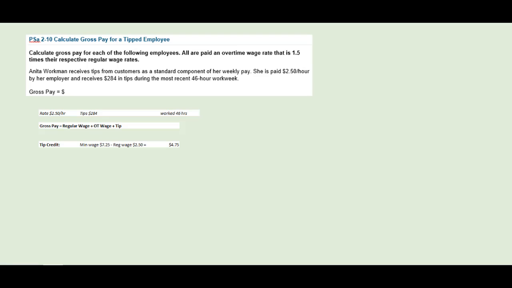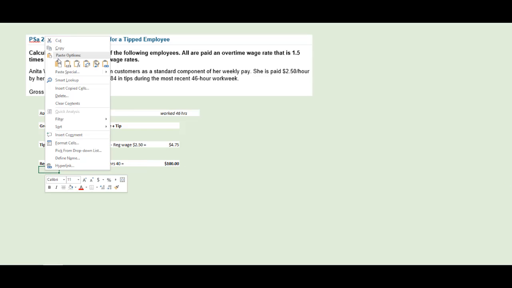Keep track of that. Next, regular wages. Regular wages, $2.50 per hour, that's the regular rate, times 40 hours. So that comes out to $100 in regular wages. So we have the first component of gross pay.